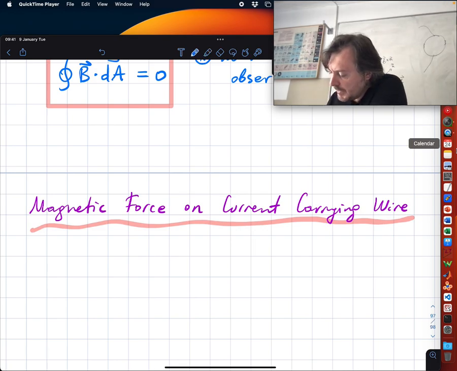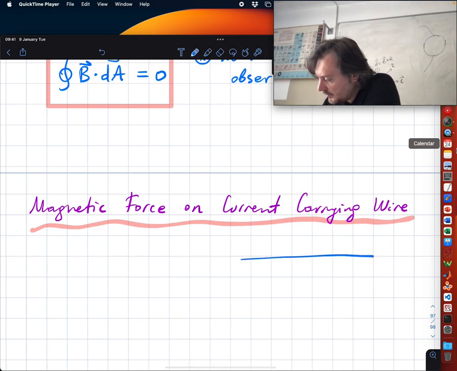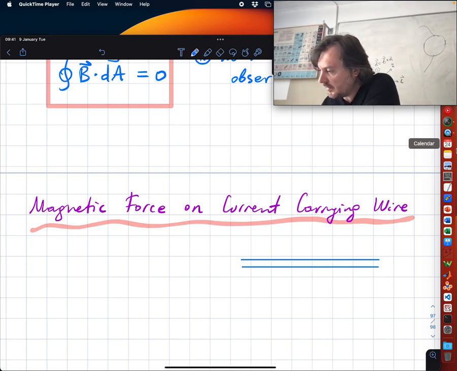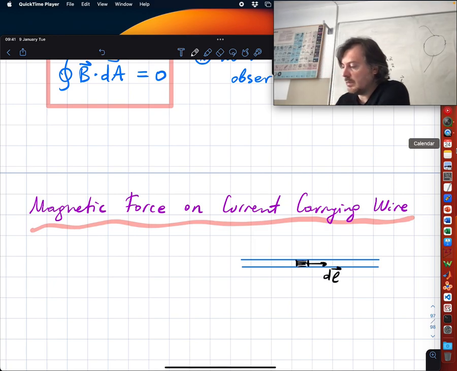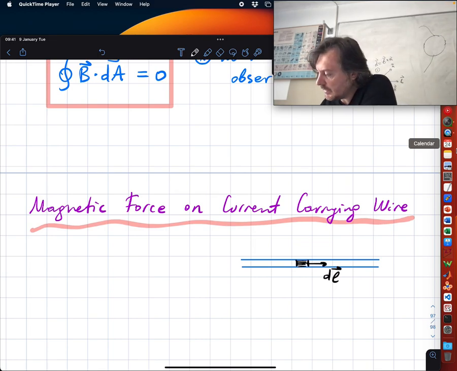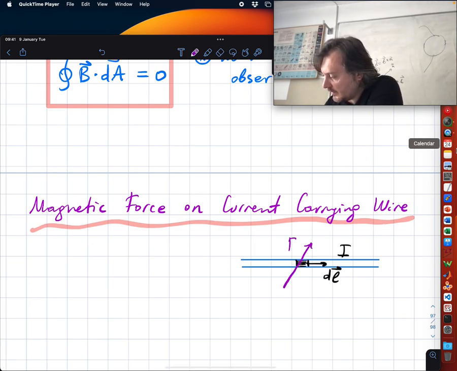So here we imagine a wire, and this wire is carrying a current. I'm taking a bit of this wire, dl, and there's a current moving in the same direction, and there is a magnetic field.